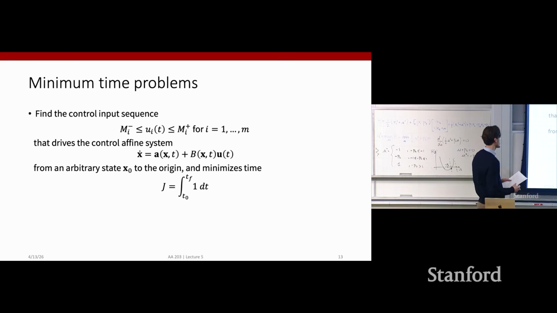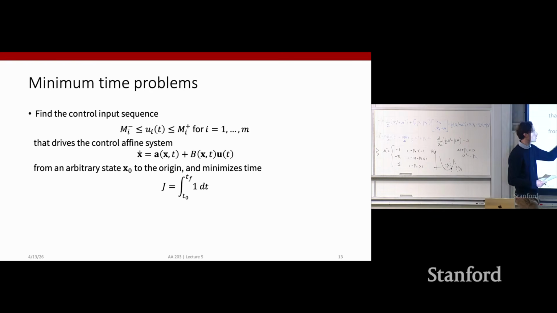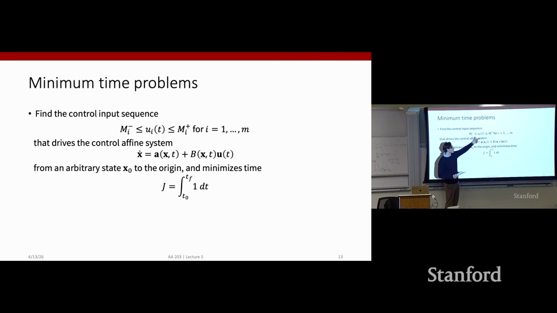Starting from minimum time problems, we'll be looking at the case where we have some bounds on the controls. So the control u has to be between some lower bound, u minus, and some upper bound, u plus. And we want to drive a control-affine system.